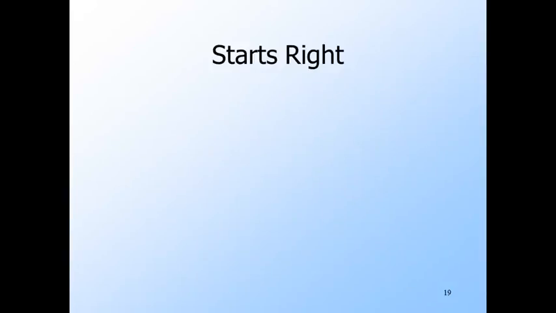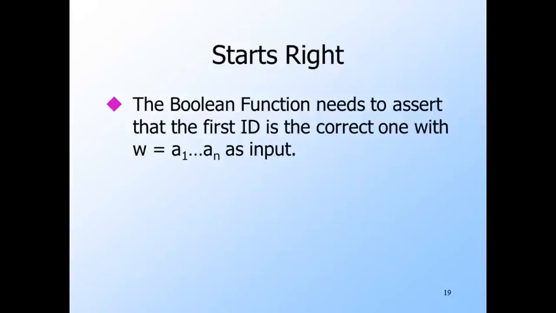Now let's formulate starts right. This expression requires the first ID to be the one M starts in with input w. Let w, whose length is n, consist of symbols a1 through an. We want x_00, the first position of the first ID, to be the symbol that is the start state of M. That's used conventionally q0.